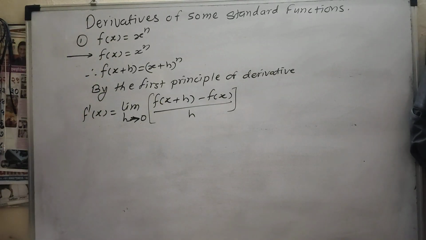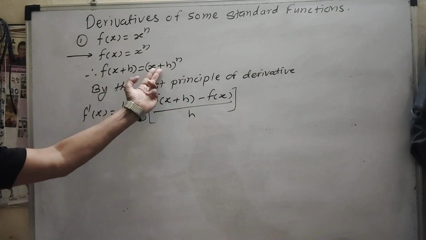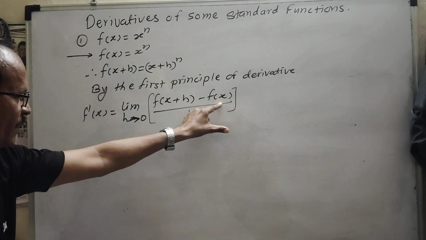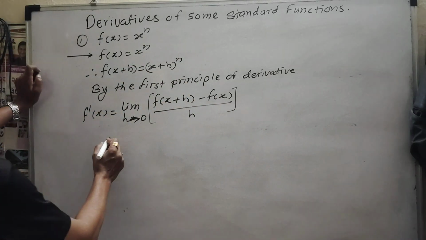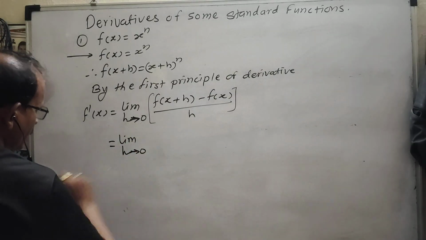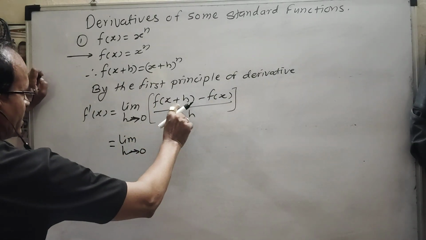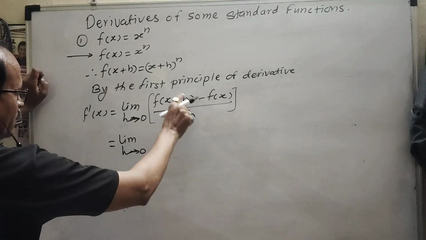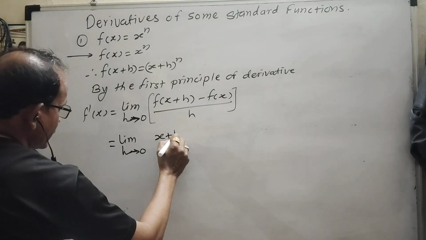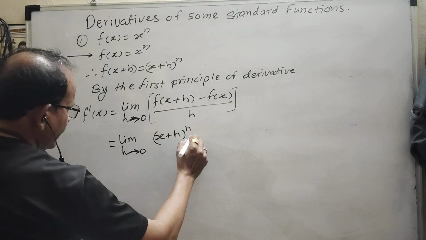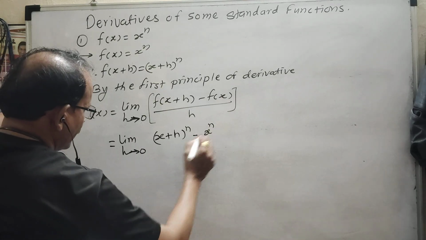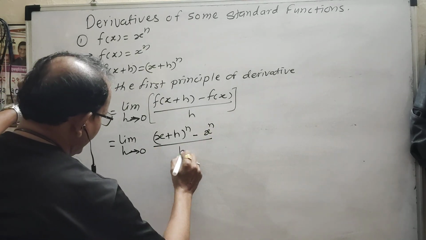Now put the value of f of x plus h, which is x plus h bracket raised to n, minus the value of f of x, which is x raised to n, upon h.